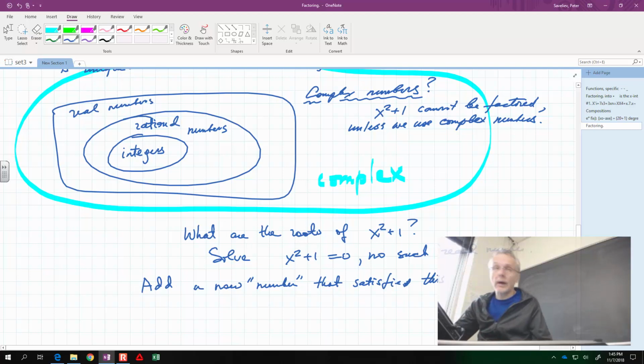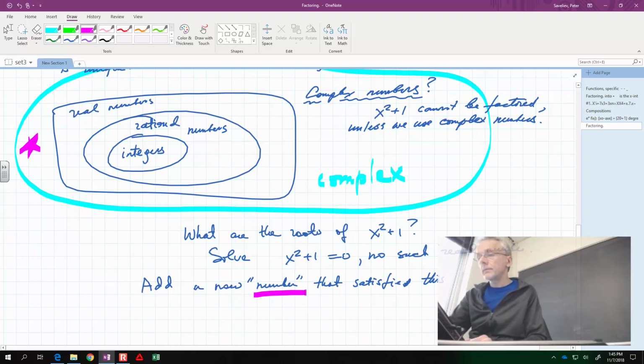Add, meaning that we have real numbers, and then I take that number and put it here, outside. Clearly not a real number, but I just want something that satisfies this equation.